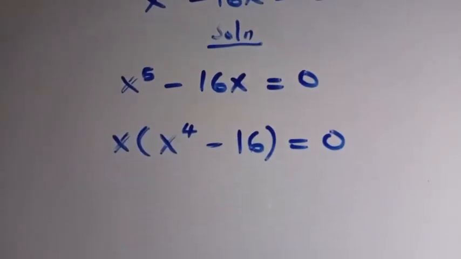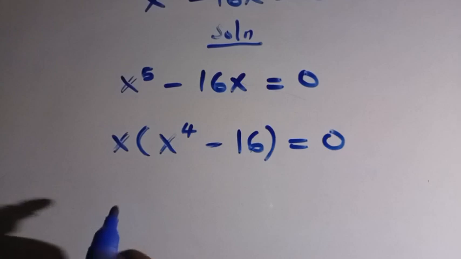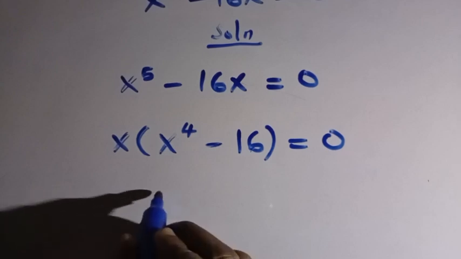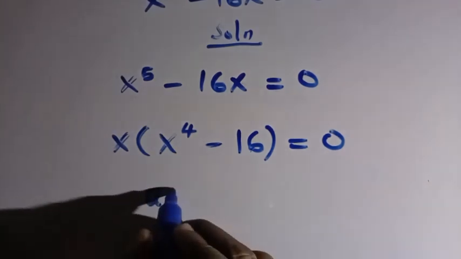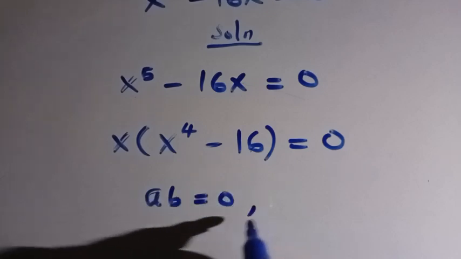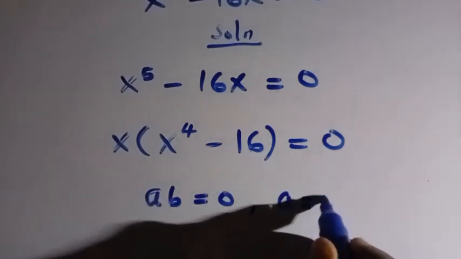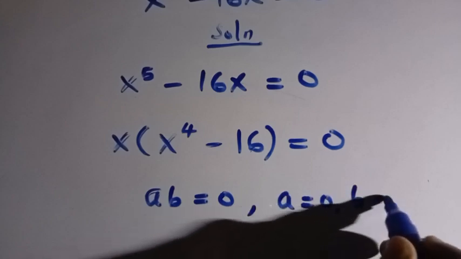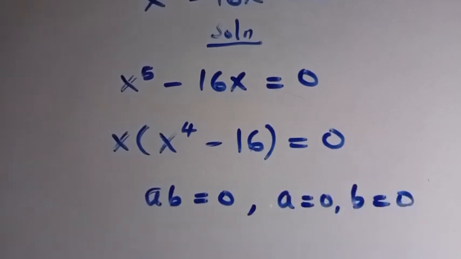Then, according to the zero product rule, let's say we have a multiplied by b equals 0. This shows that a will be equal to 0 or b will be equal to 0.